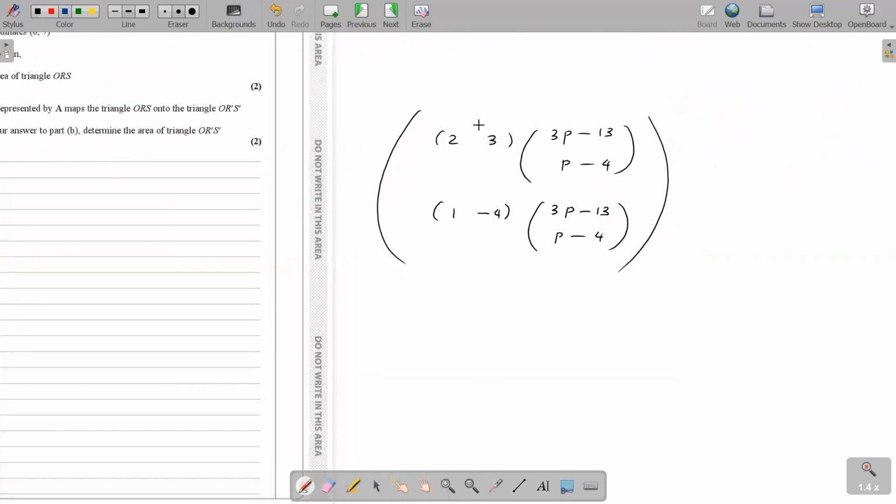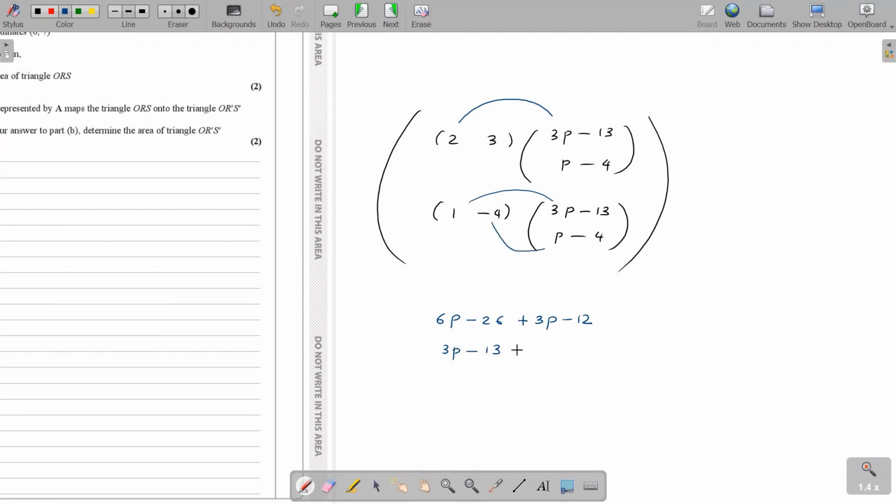So when you multiply, what happens here? 2 into 3p minus 13 gives you how much? 6p minus 26. And then 3 into 3p minus 4 is 3p minus 12. So this is the entire first element. You have to add everything. And then the second one, 1 into 3p minus 13 is 3p minus 13.